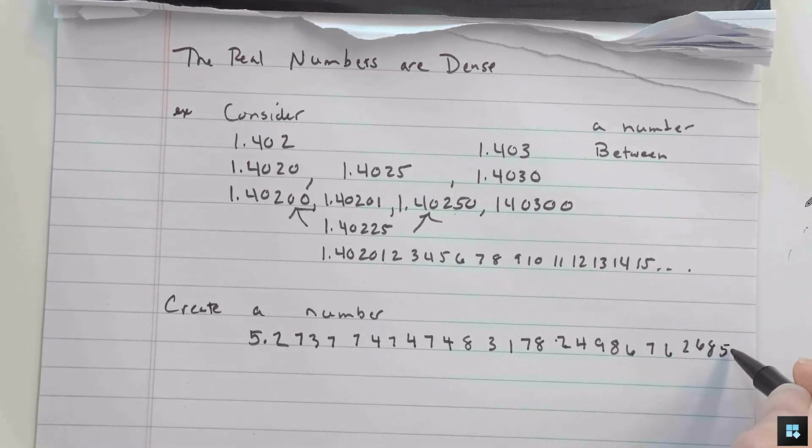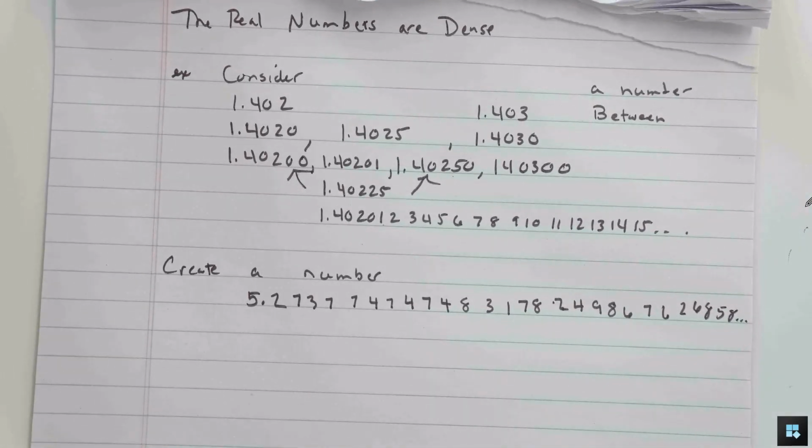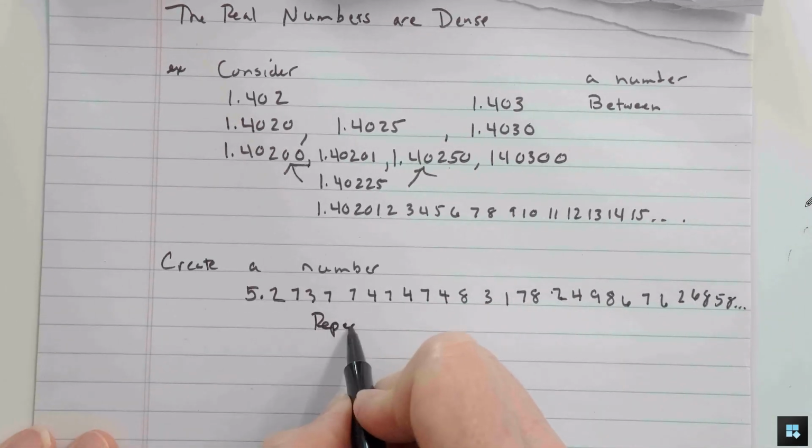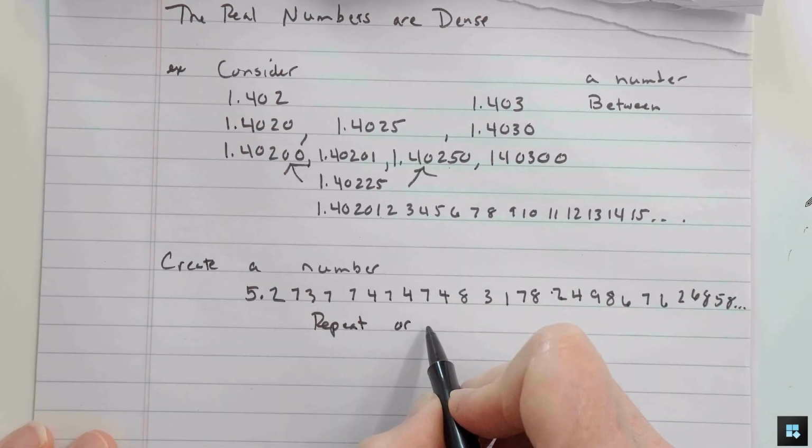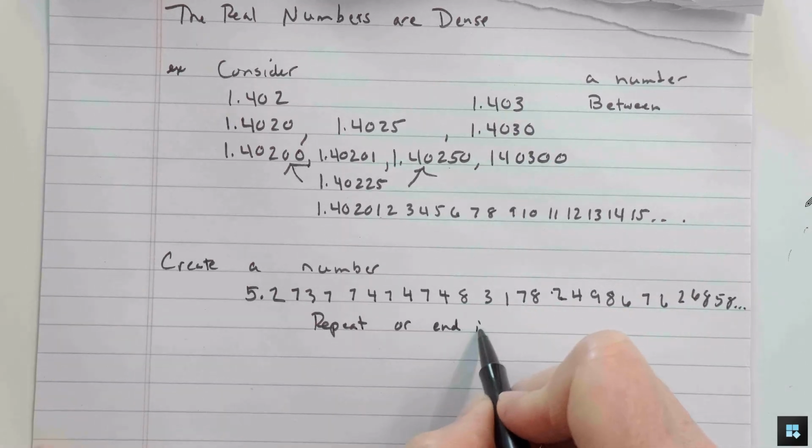And we can keep going like this, especially if we had a random number generator, so I didn't have to have you do this all the time. What are the odds that this is going to repeat or end in zeros? Nobody picked any zeros.